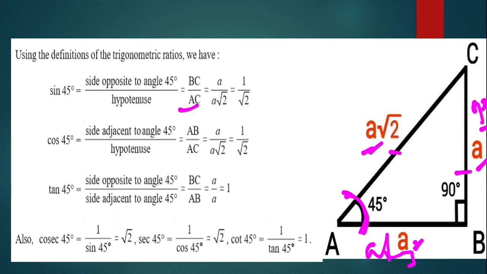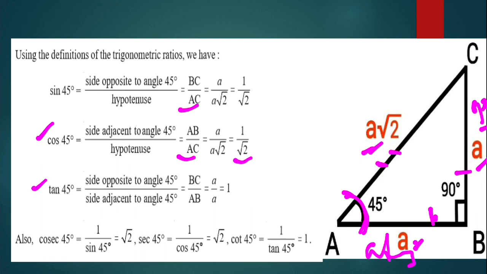Put the values, it will be a by a root 2. The a will cancel each other, the value will be 1 by root 2. Now similarly, cos 45 degree is adjacent by hypotenuse, that is AB by AC. Again put the values, it will be 1 by root 2.